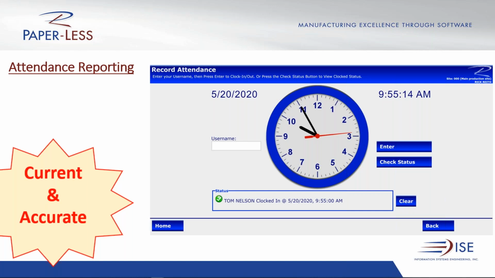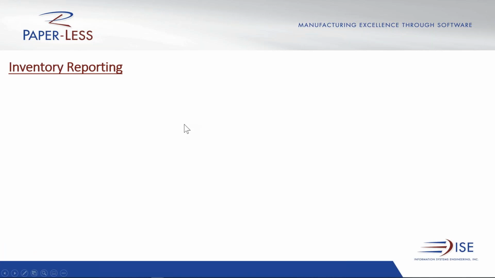ADP knows, or Paychex knows, or Kronos knows that, but my shop floor system doesn't know somebody has arrived. There are different ways inside of Paperless where you can make that seamless, where you can record attendance inside of Paperless and broadcast that information to other applications like ADP or Paychex, so that your payroll processing is done and accurate, but your shop floor is also up to date, and you know who's here, when they got here, what they're working on and what they're not working on.